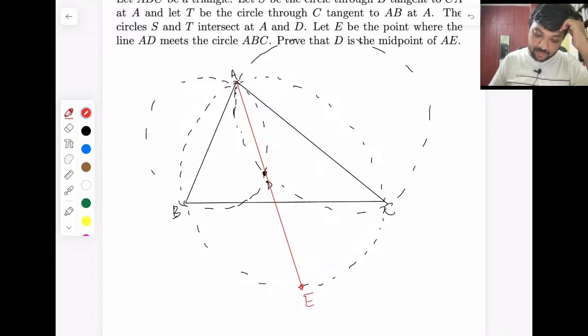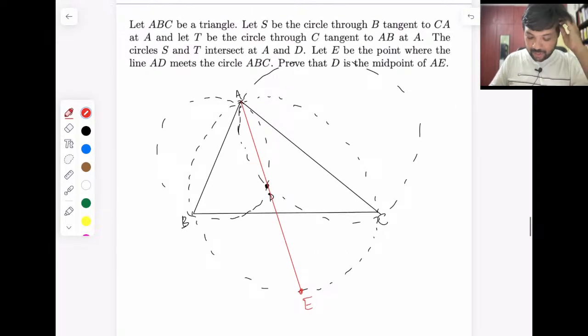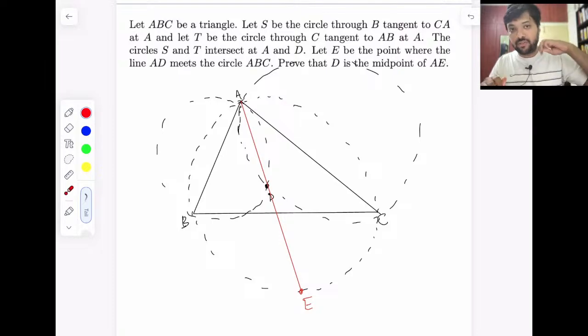Prove that D is the midpoint of AE. You can draw it in GeoGebra and then come back as well.